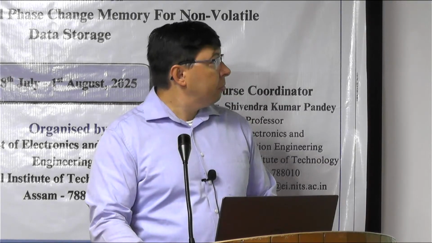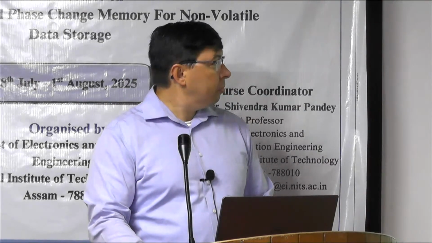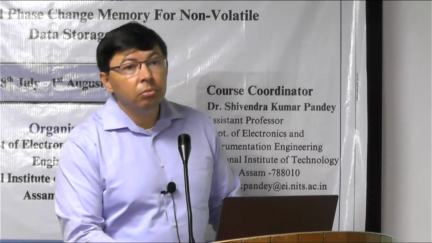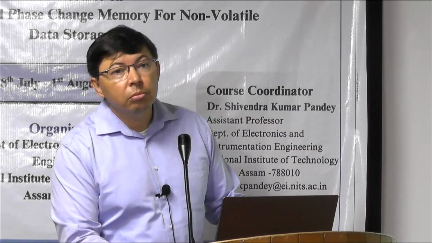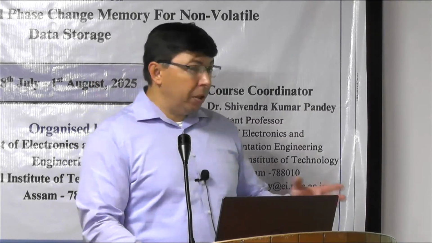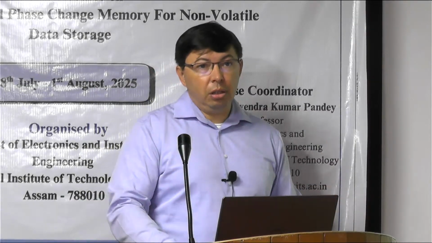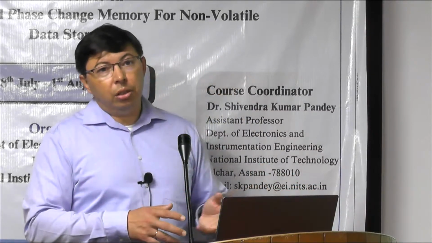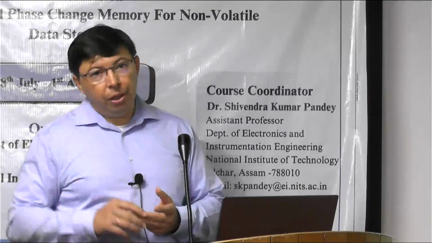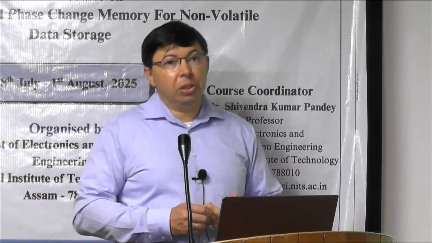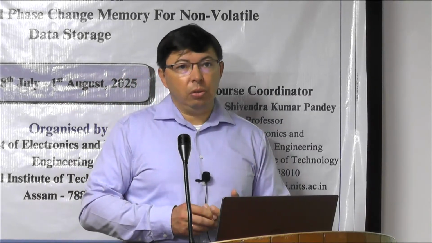I did not catch whether GST 225 shows both metallic and non-metallic behavior. It shows both. The amorphous and cubic phases are non-metals, and the stable trigonal phase shows metallic behavior. Okay, so it shows dual behavior.